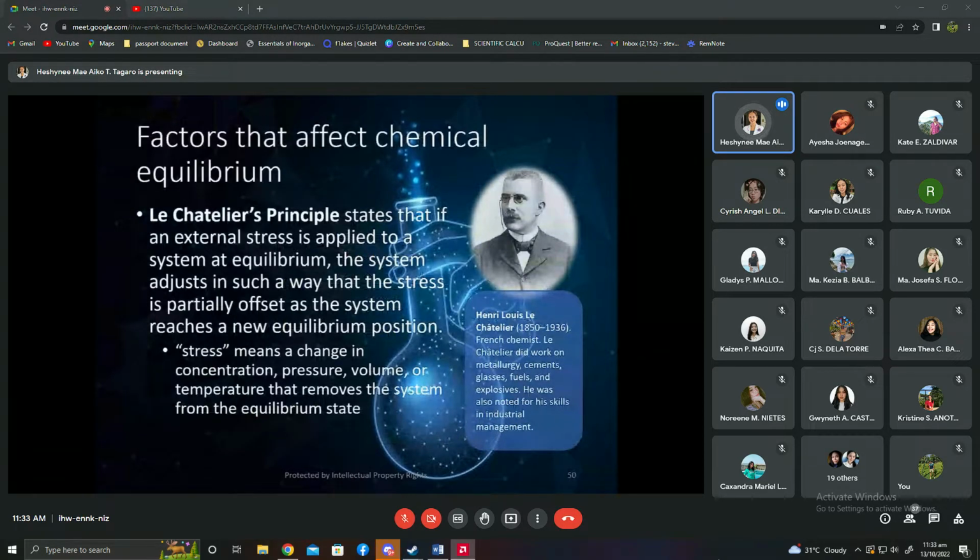Okay, factors affecting chemical equilibrium. Chemical equilibrium represents a balance between forward and reverse reactions. In most cases, this balance is quite delicate. Changes in experimental conditions may disturb the balance and shift the equilibrium position so that more or less of the desired product is formed.